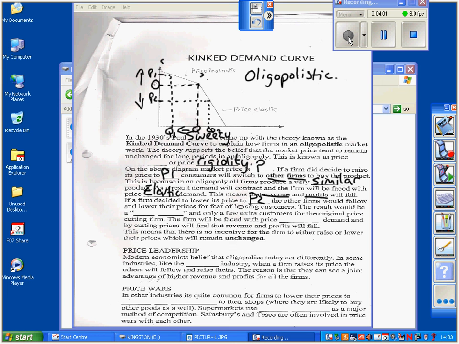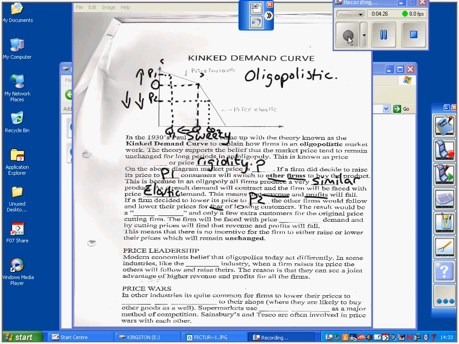So, if a firm lowered its price to P2, the other firms would follow and lower their prices for fear of losing customers. So if Tesco, for example, reduced their price, then all the other supermarkets would also reduce their price in response to make sure that Tesco don't get all the new customers.